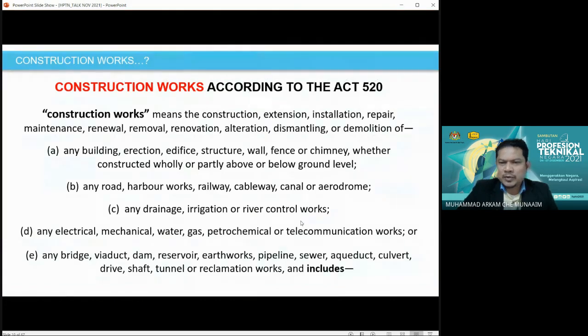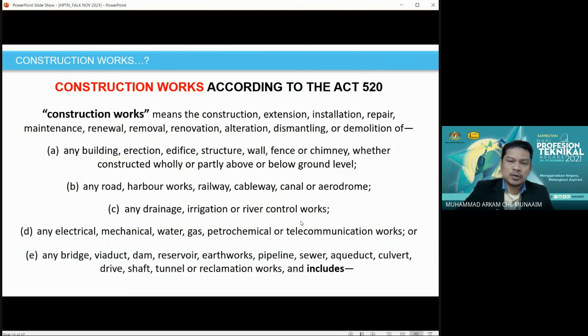As a start, we should look into the meaning of construction works according to the Act, because we need to deliberate the wording or the sentence very well. According to the Act, construction works means the construction, extension, installation, repair, maintenance, renewal, removal, renovation, alteration, dismantling, or demolition.